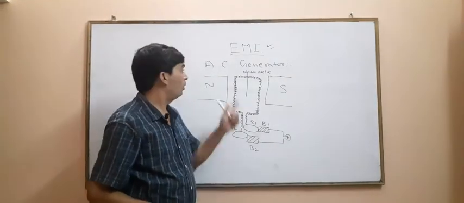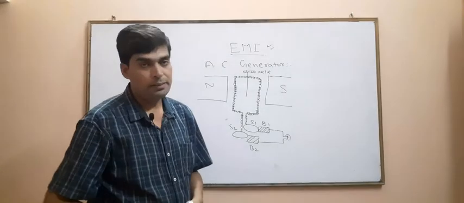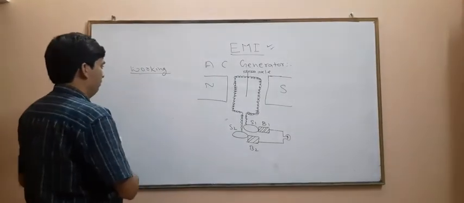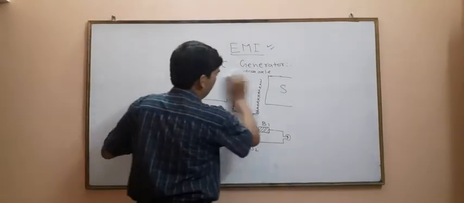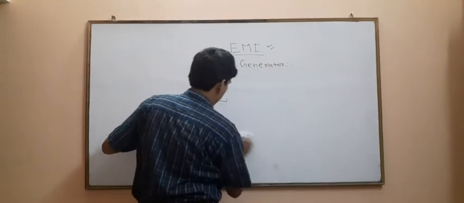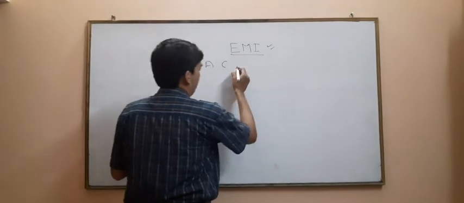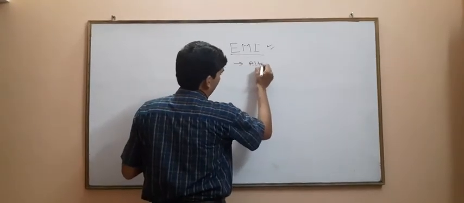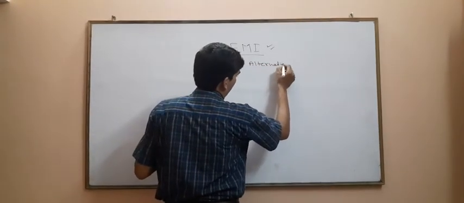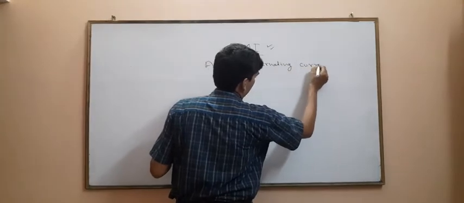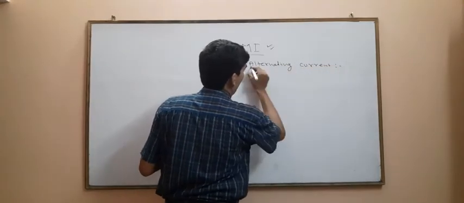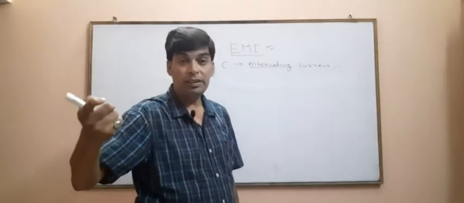Now we'll discuss AC. What is AC? AC is alternating current. How do I define it? Alternate means one after another.